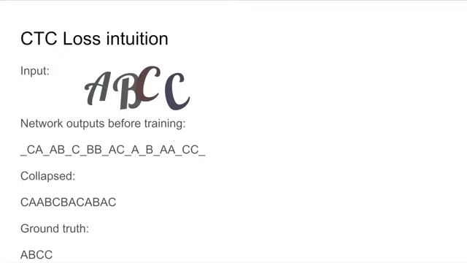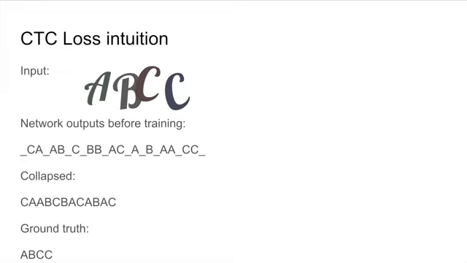Okay, so let's look at a practical problem right now. So consider handwriting recognition. So here we have a bunch of images. They are of equal width, equal height, but they contain variable numbers of characters. Characters can be at different positions.